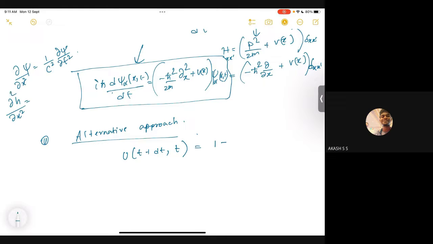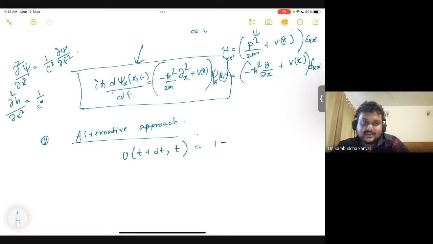Sir, isn't it dou square psi by dou x square? Yeah, dou square, of course, that has to be dou square. This also has to be dou. So you will find this kind of equation in the context of the heat equation, where you will see del psi del t.